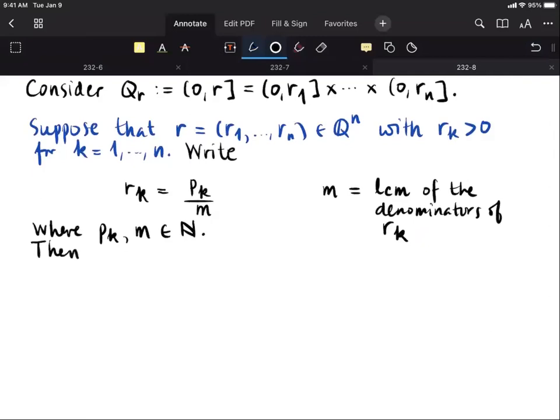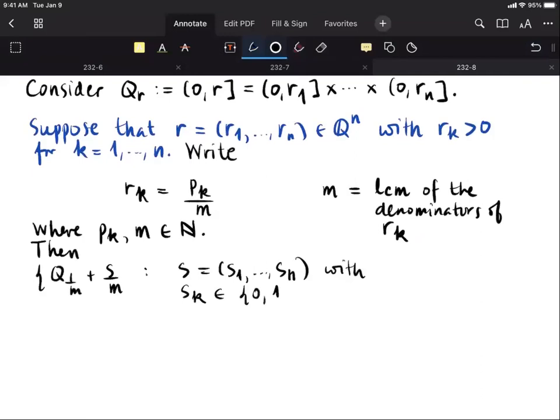Then, similar as before, if we form the following collection, such that here S is a vector with coordinates S sub k in, okay, now we take the numerators, up to p sub k minus 1, k is from 1 to n.